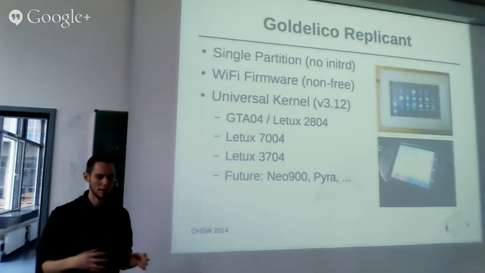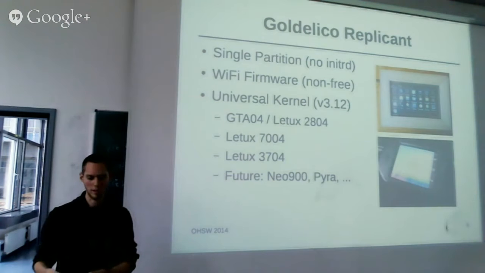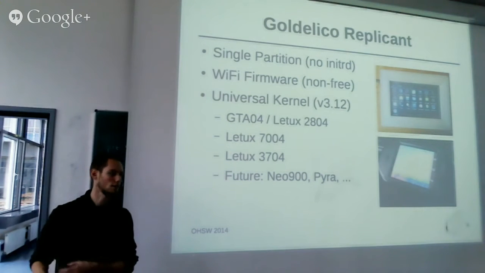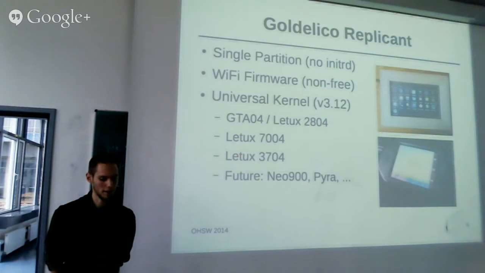So you just extract the tarball on your SD card and put it in the phone, and then you can start it, you can use Wi-Fi, you can do phone calls. And the Replicant project wants to keep all of this out. If you decide that you want to use Wi-Fi with the upstream Replicant project, you have to install the Wi-Fi firmware yourself.